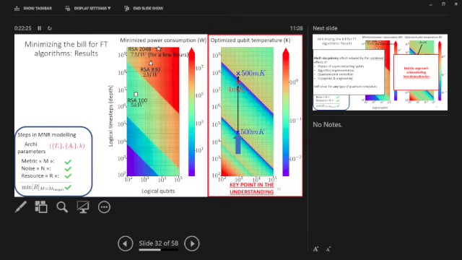Let's say I start from this blue point at the bottom, and my qubits are at 500 millikelvin. To give you an idea, typical superconducting qubits are at 10 millikelvin, so this is very hot for superconducting qubits. Why are they that hot? Basically, because we are just after a transition where we added a physical qubit per logical qubit. The simulation tells us, you want your computation to succeed, but you want to minimize the energy to do it. So because you are doing a lot of error correction, put your qubits hot.